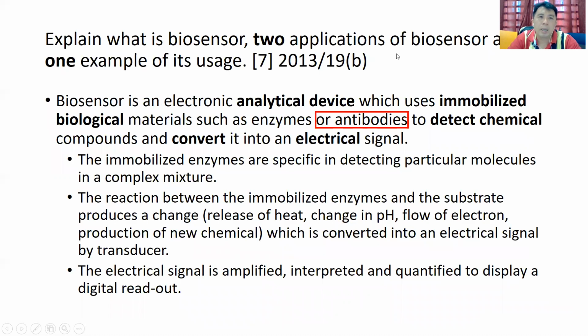Okay, explain what is biosensor, two applications of biosensor and one example of its usage.